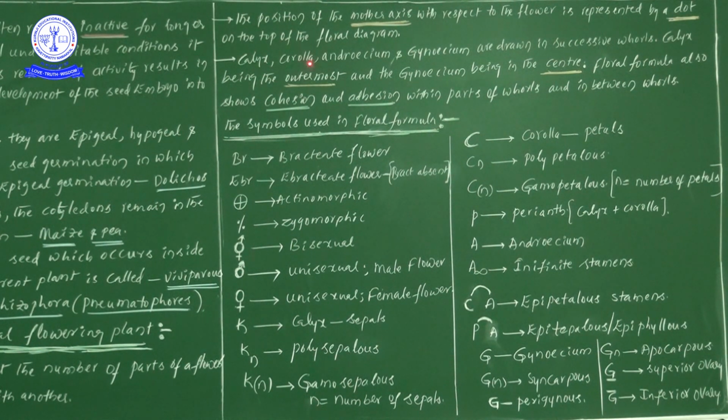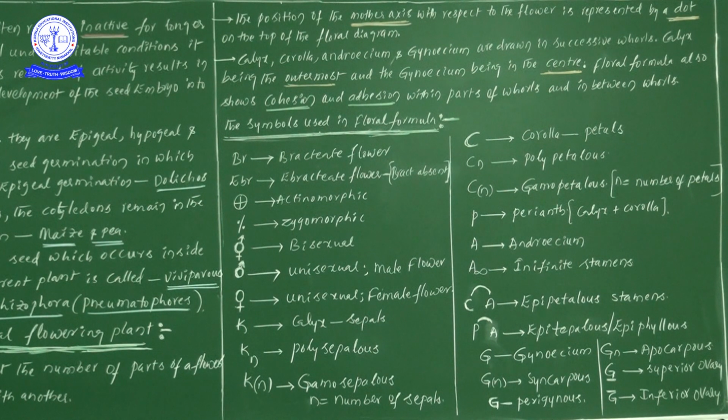The calyx is the outermost because the members of the calyx, the sepals, are present outside, and the gynoecium is in the center.